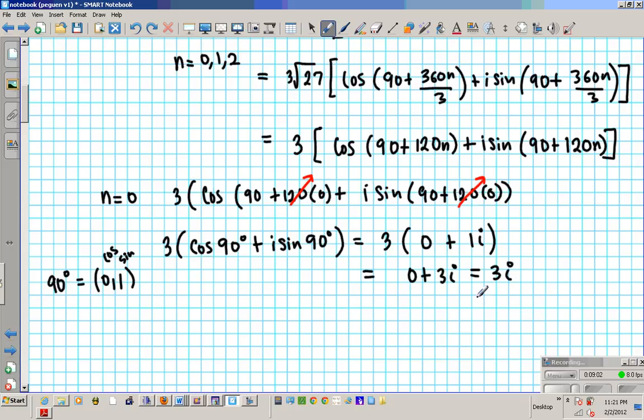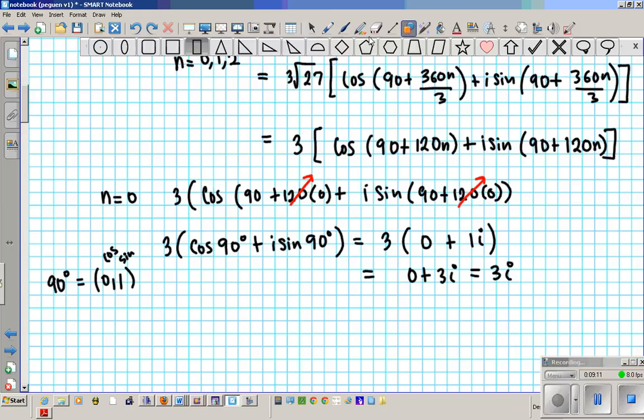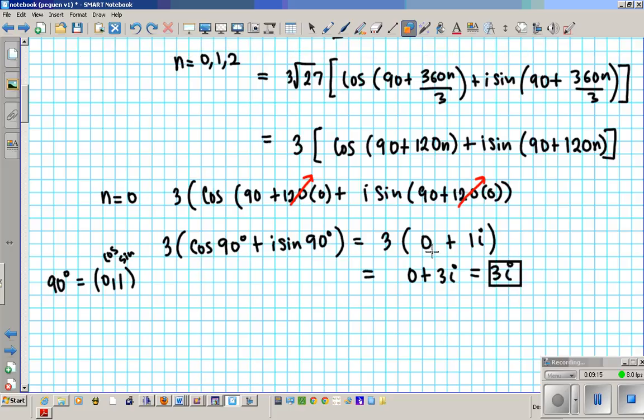Okay? Now, let's do n equals 1. So this is my first answer in polar form, and that's my answer in rectangular form. First two. Okay, so for n equals 1, same process. We're going to plug in 1 for the n's here, okay?